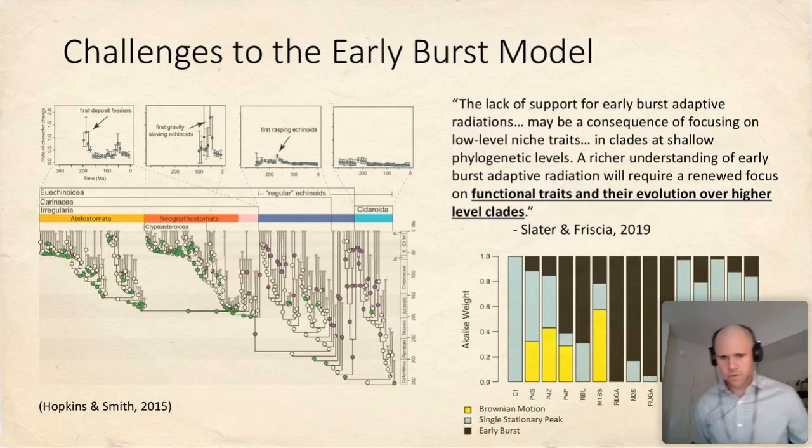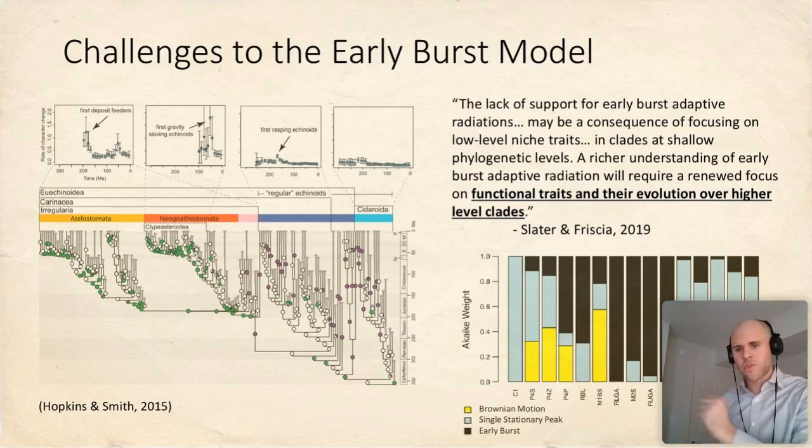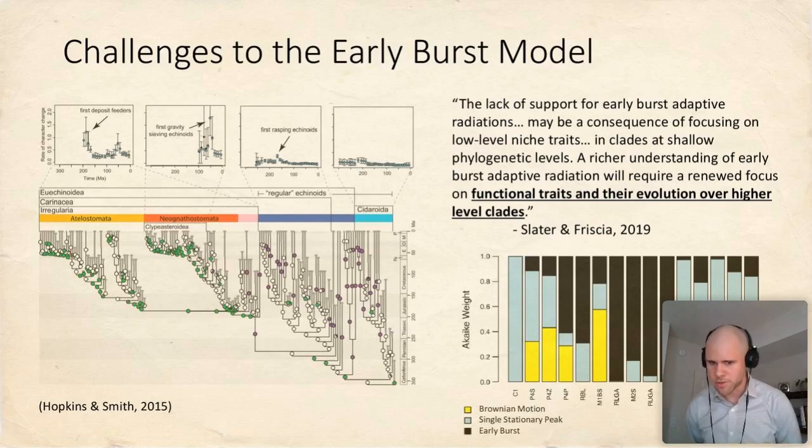And they argue, you can see here on the bottom, the actual symbols don't matter, but you can see different traits that they're measuring through mammals. And they're looking at whether each individual trait is showing you evidence of an early burst. The point is that the only traits that are going to show you an early burst are the ones that are relevant to the ecology of the animal, relevant to an early burst.